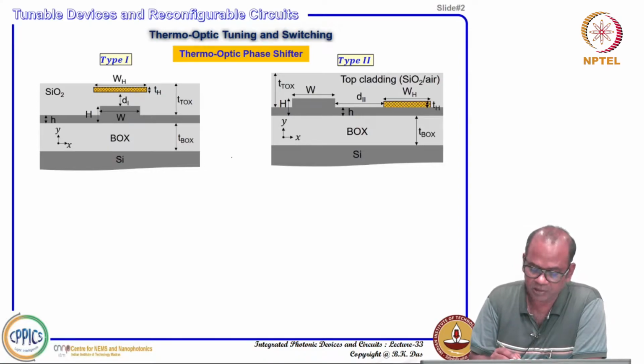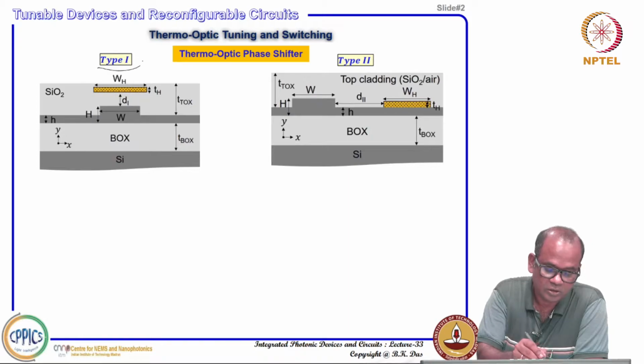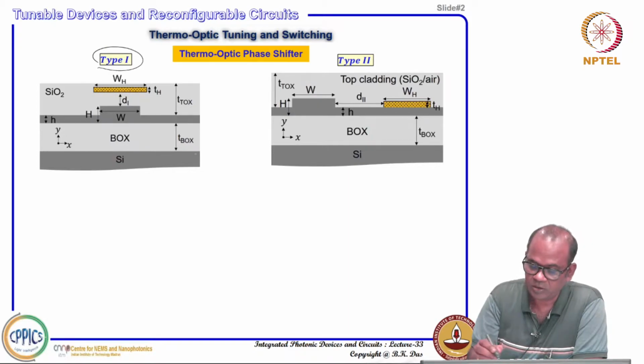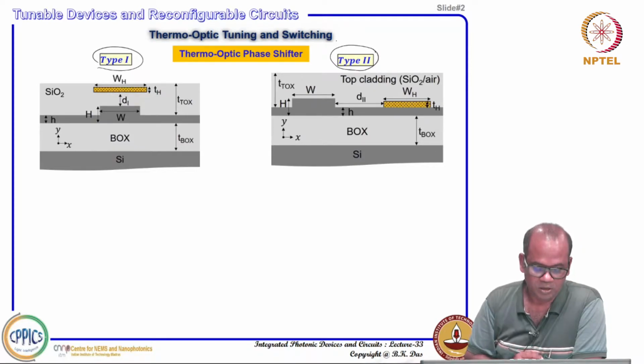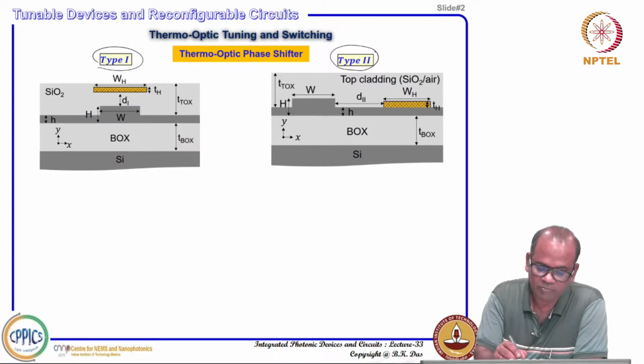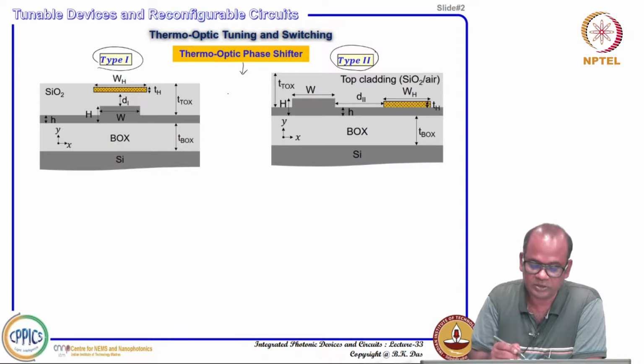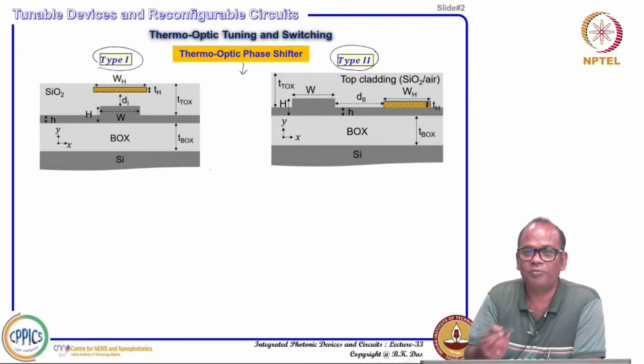As usual, we have categorized two different types of Thermo-Optic phase shifters, type 1 and type 2. It is clear from the name Thermo-Optic that you apply some thermal energy and then some optical property changes.